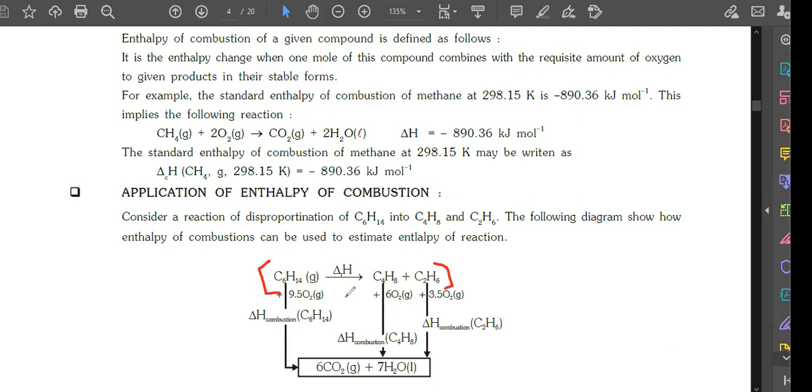Just think about this, forget about everything else. As I said, the enthalpy of this reaction is enthalpy of product minus enthalpy of reactant. Yes or no?